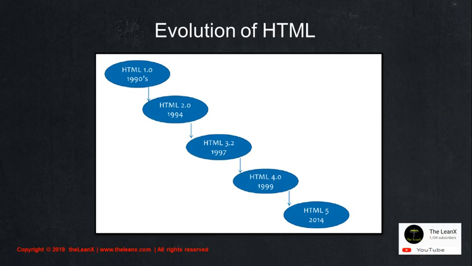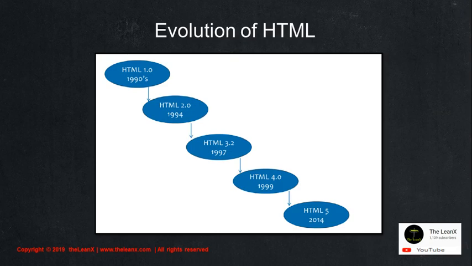The person who created HTML was Tim Berners-Lee. He was a physicist, I believe. In the Sun Laboratory, he created this particular language. So HTML 1.0 originated in 1993, and that's the reason I have written 1990s here.